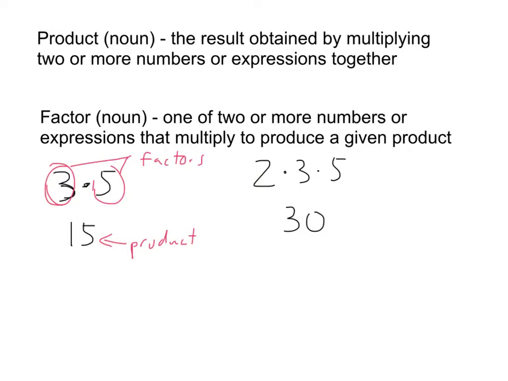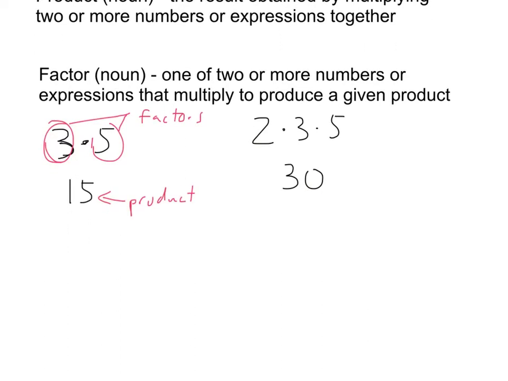This can be done with just plain old numbers, or it can be done with expressions. So if I had 3x multiplied times x plus 5. In other words, if I want to multiply this factor of 3x by this factor of x plus 5, what would be the product? Just use distributive property, and we would get 3x squared plus 15x.